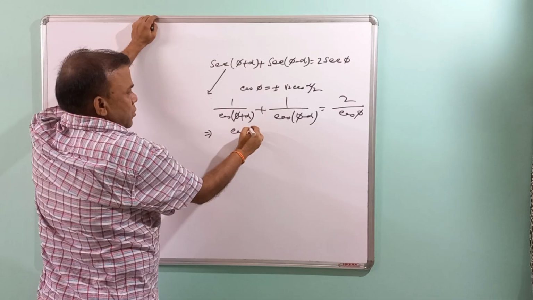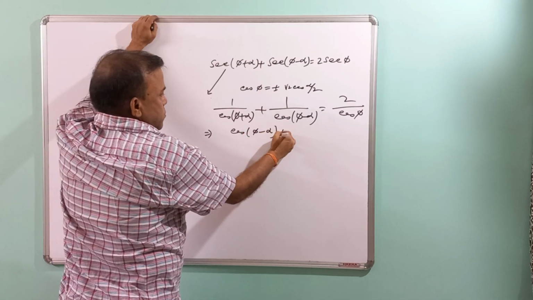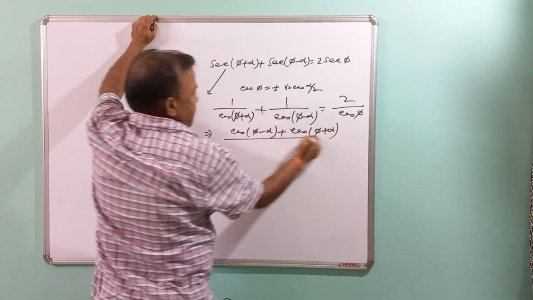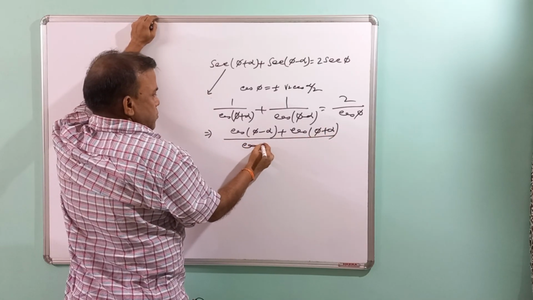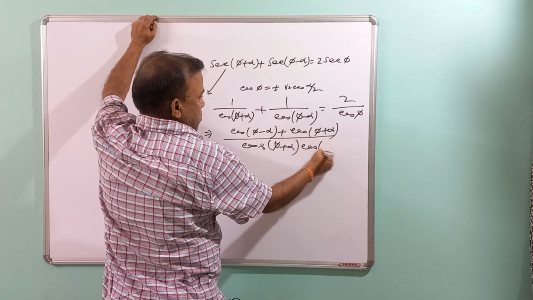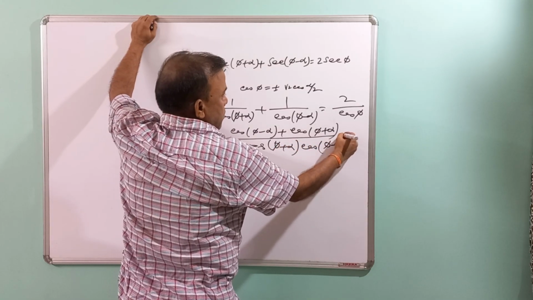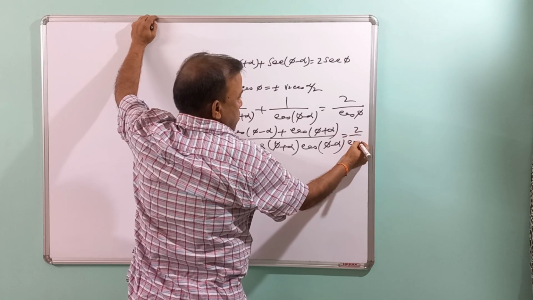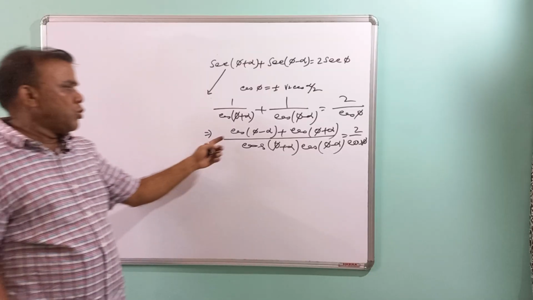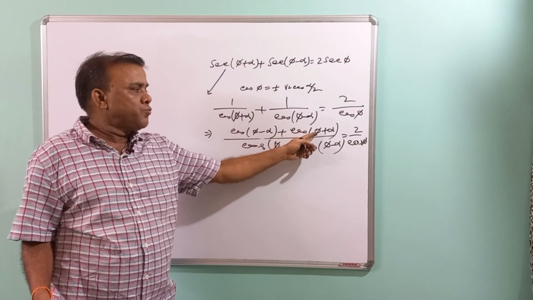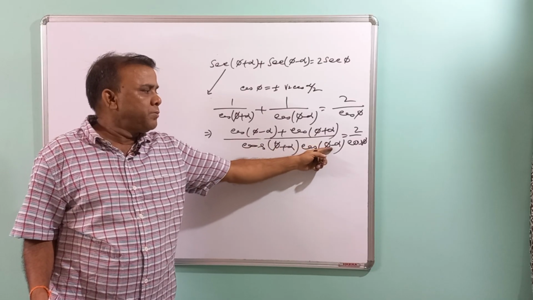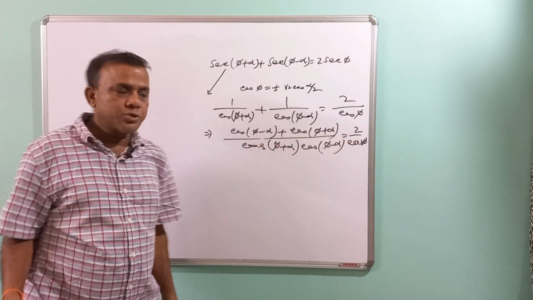Taking LCM, we get cos(phi minus alpha) plus cos(phi plus alpha) divided by cos(phi plus alpha) into cos(phi minus alpha) equal to 2 by cos phi.